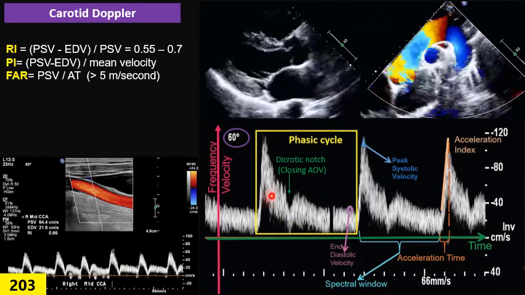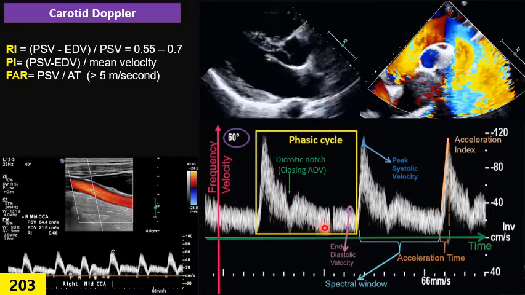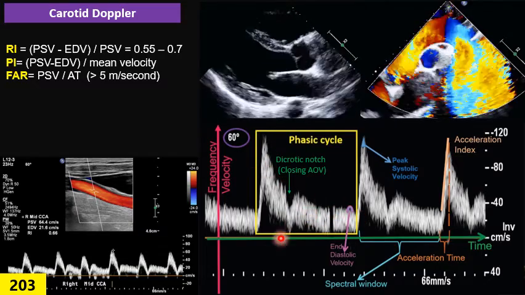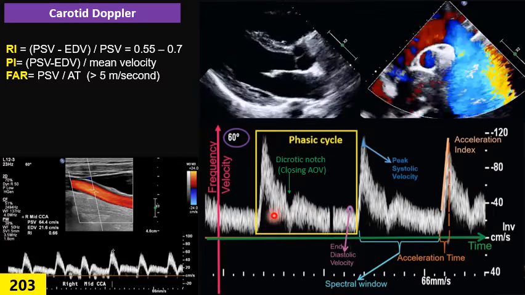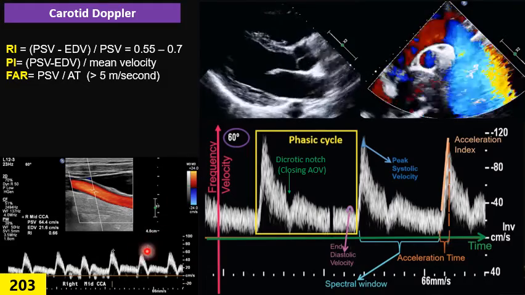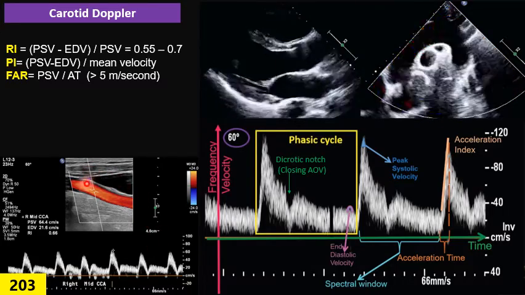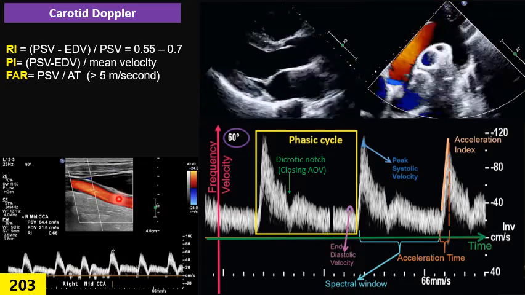the spectral window. The spectral window is the area below our spectral envelope that is free and black, as you can see. In the normal carotid, we have homogeneous, parabolic, or more accurately laminar blood flow in the carotid and ICA.